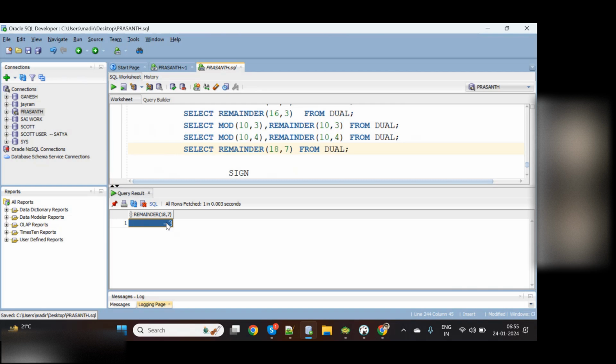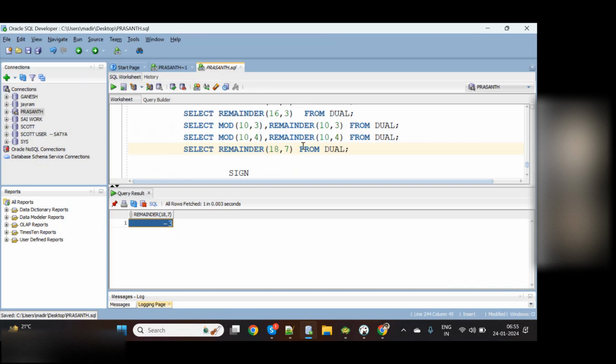Generally our intention is 7 twos are 14, 7 threes are 21, 21 will not go, so 14 will go and the remainder will be 4.